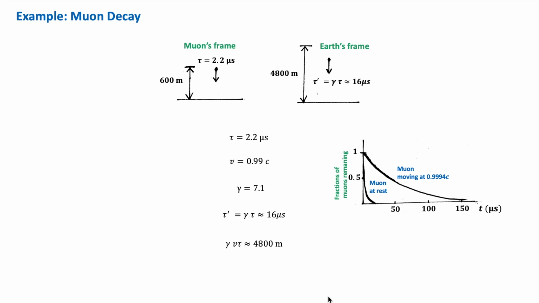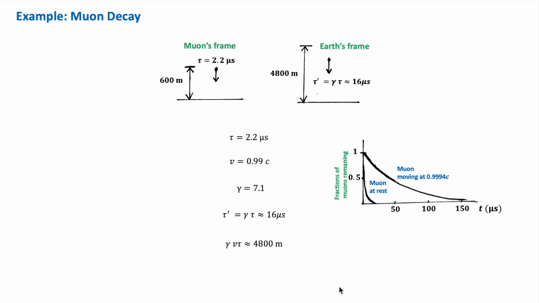And they have an average lifetime of only 2.2 microseconds when measured in a reference frame at rest relative to the muons, okay? So if we assume the speed of the muon close to the speed of light, then they can travel a distance of only about 600 meters before they decay.